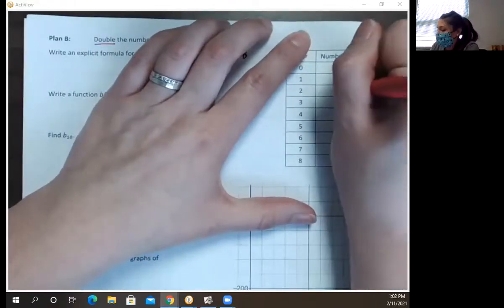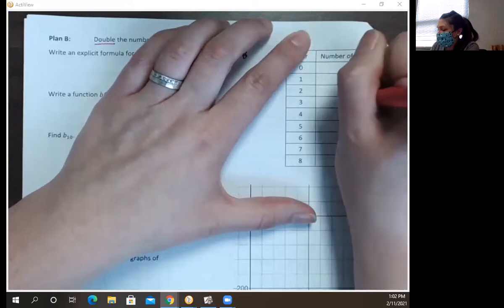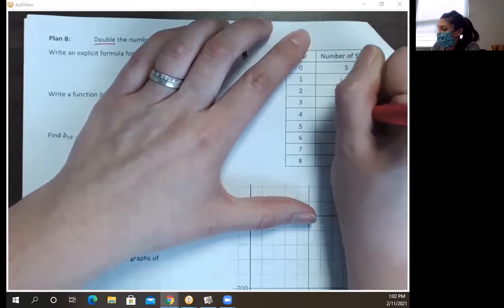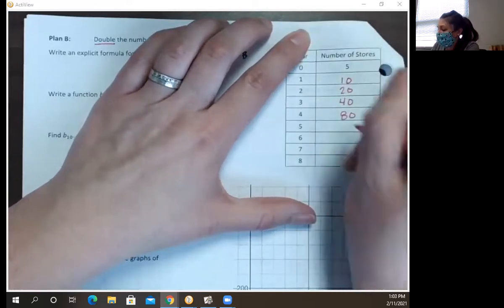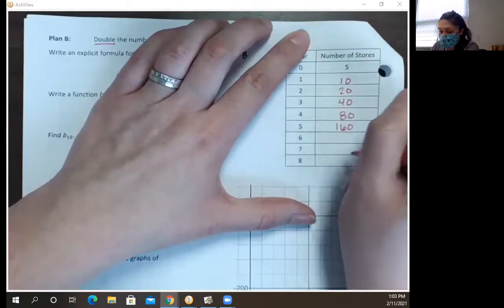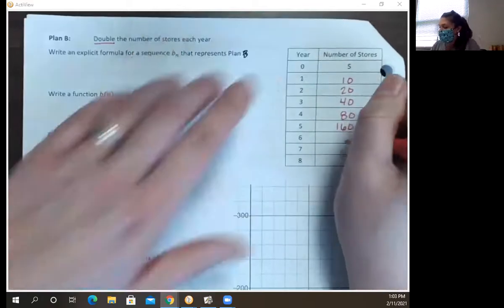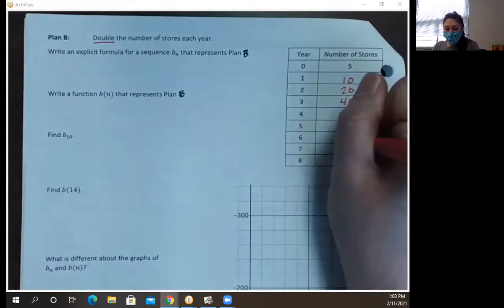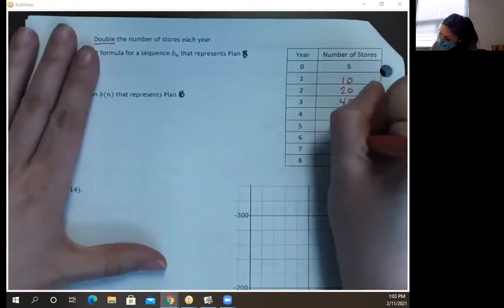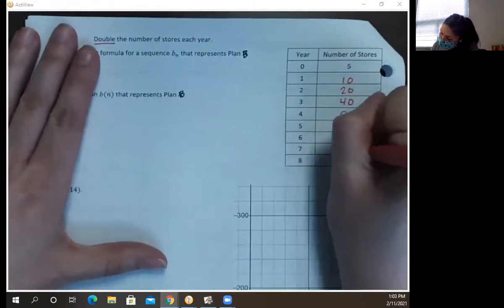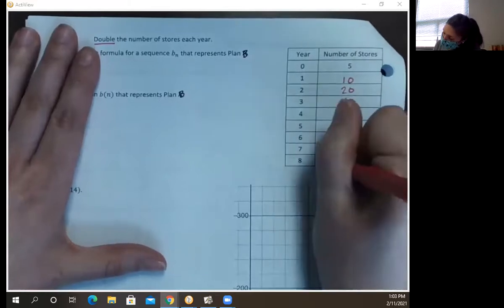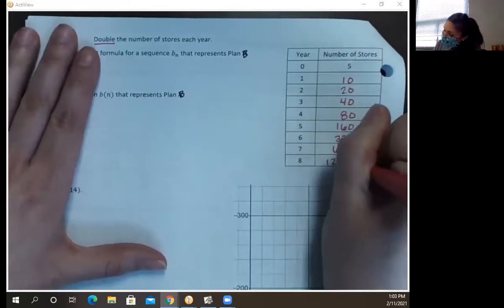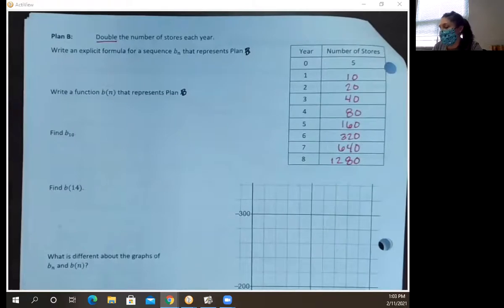And then I would double that to 20, and then 40, 80, 160, 320, 640, and then finally 1280 for our table here for our little glimpse.